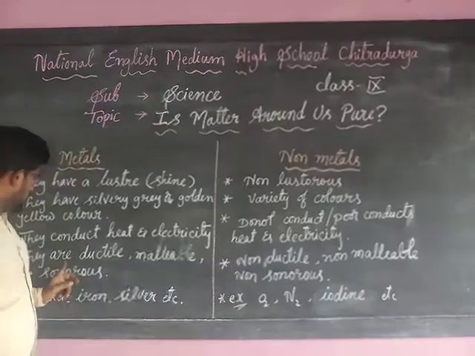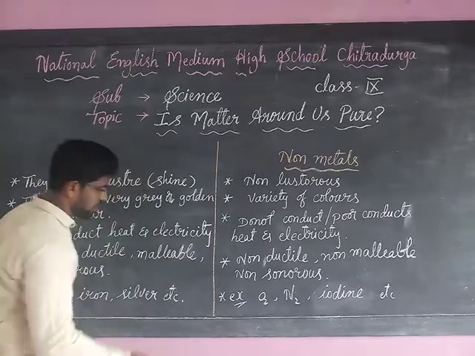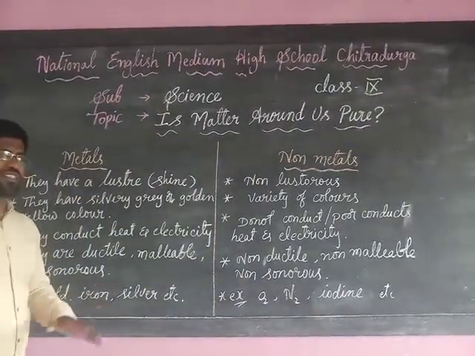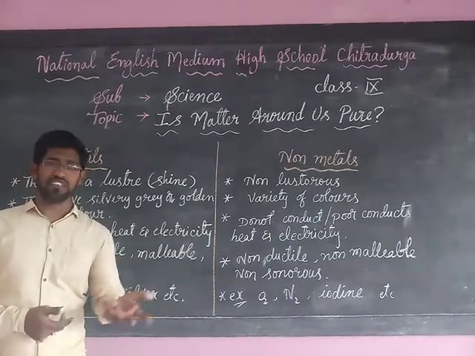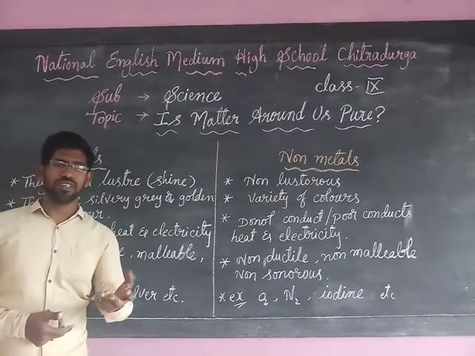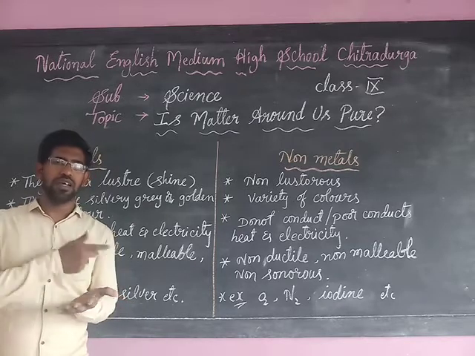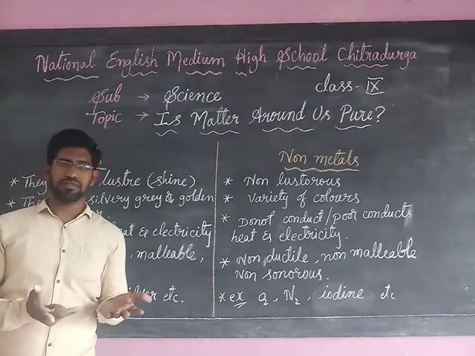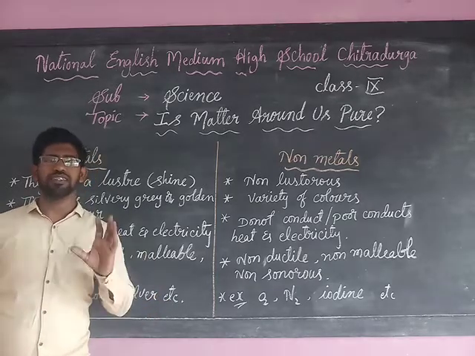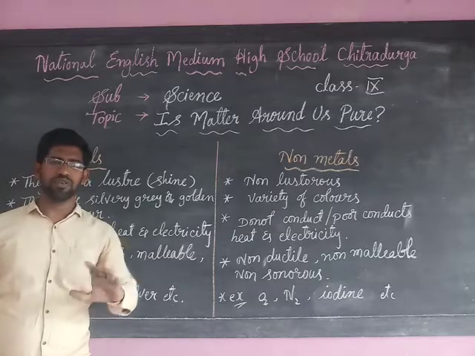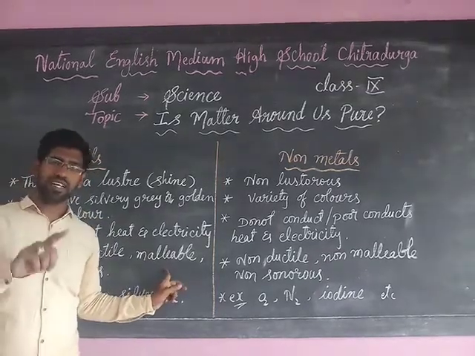And the metals are malleable. Malleable means the metals can be hammered into thin sheets. You can take an example, an iron sheet, and the gold jewelry that ladies use. The gold jewelry also is first made as thin plates. After that they give the shape to the jewelry. Like that, the metals can be hammered into thin sheets. That property of a metal is called malleability.